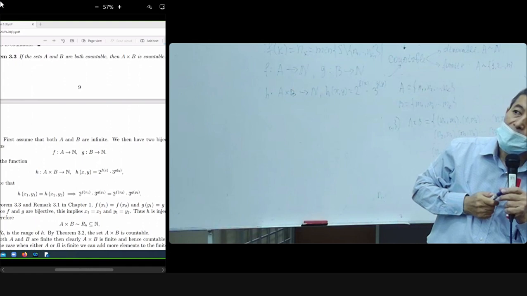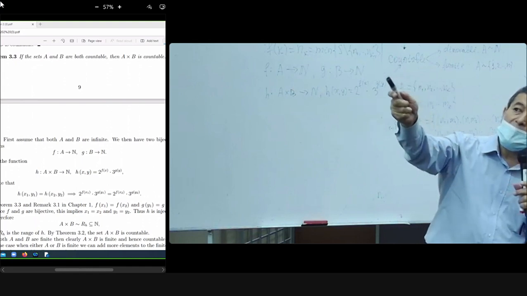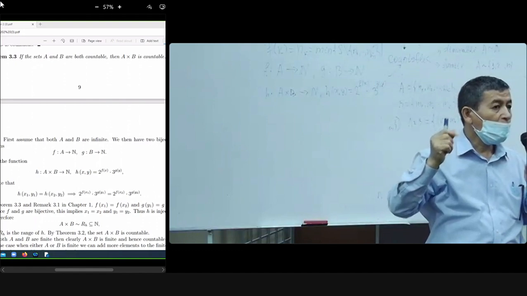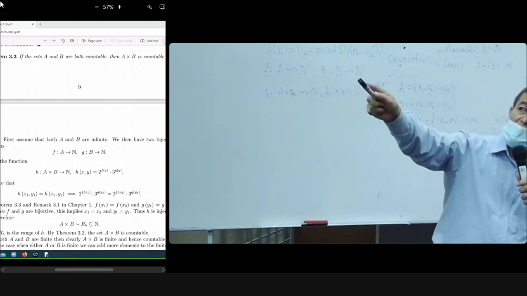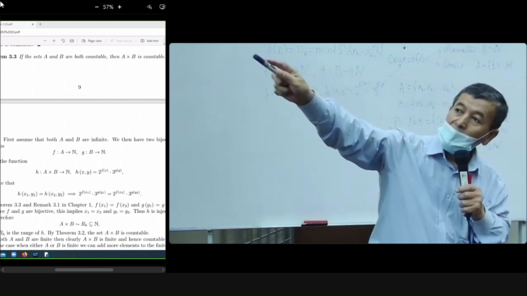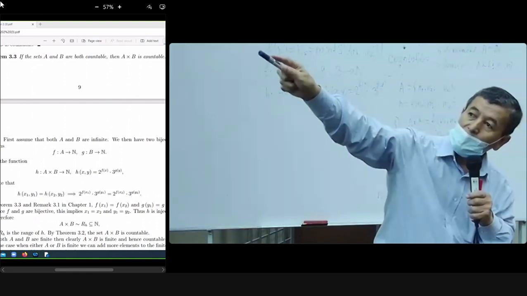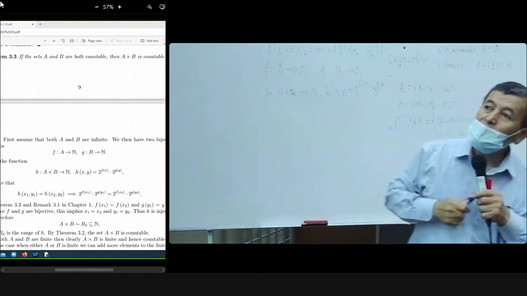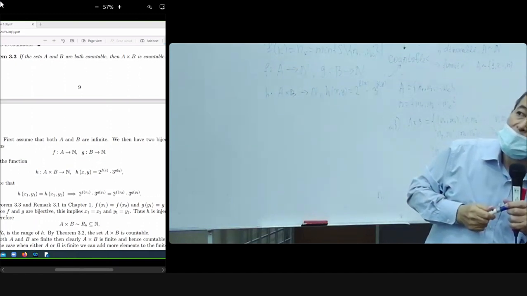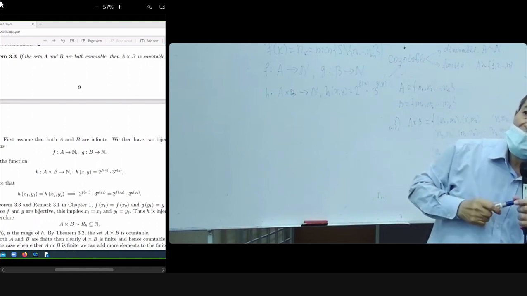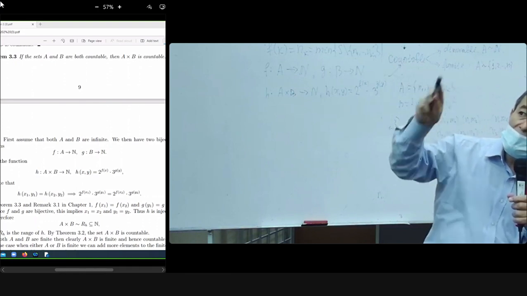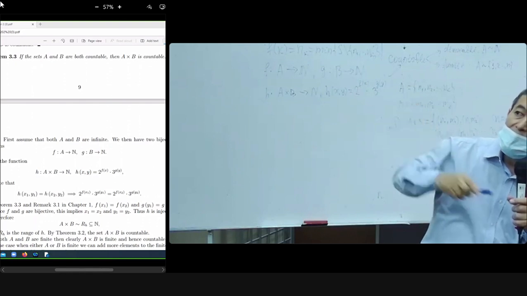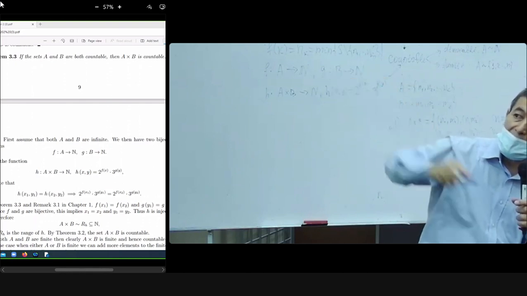Now by Theorem 3.3 and Remark 3.1 in Chapter 1, they are showing first that h is injective. Actually, I think injectivity is very clear: if h(x1, y1) = h(x2, y2), then f(x1) = f(x2) and g(y1) = g(y2).